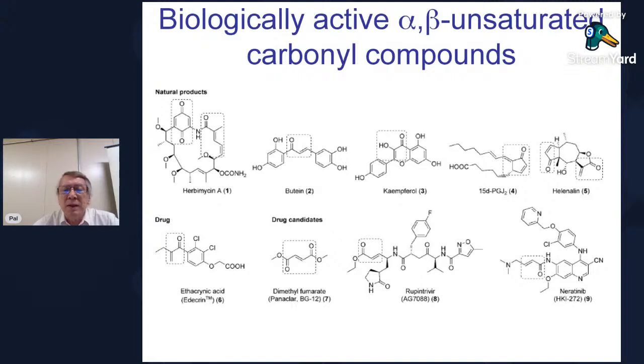However, you can see among them prostaglandins as well, terpenoids and quinoidal compounds. And among the drugs, I think the most well-known small molecule with an alpha-beta unsaturated carbonyl bond is the diuretic ethacrynic acid.